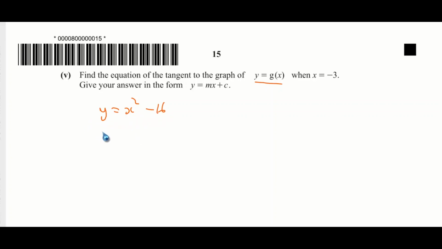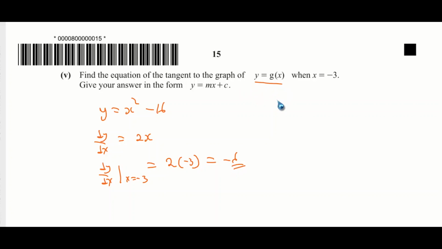So dy/dx equals 2x. So dy/dx at x equals negative 3 will be 2 times minus 3, which equals negative 6. So that is the gradient. The gradient is negative 6.